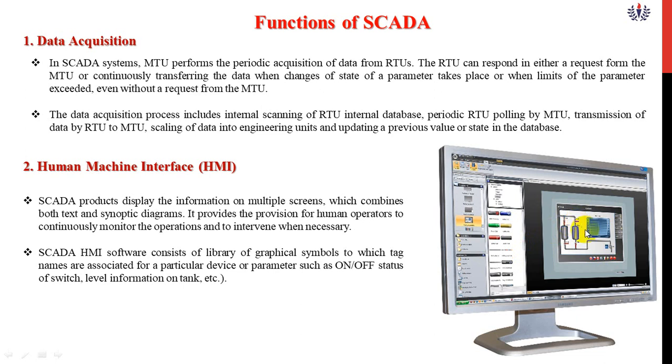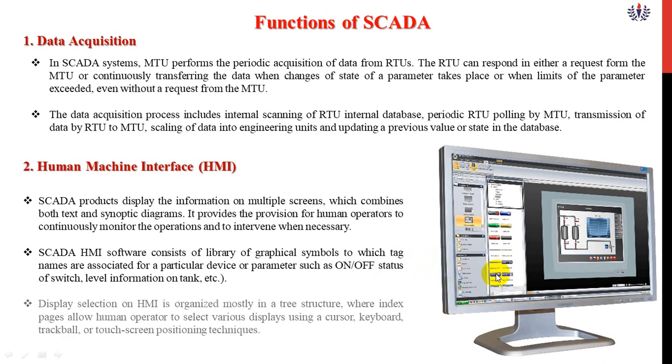For example, if you are connecting a switch, the switch has on and off status. If you are taking a water level tank, there will be low level, medium level and high level. That also we can display here. That is the process of the human machine interface, which plays a major role in graphical programming language.